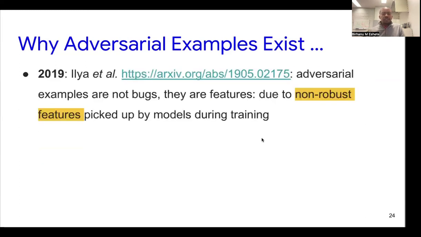In 2019, another theory came, and this one has to do with the fact that adversarial examples are not bugs, but features. This is because of the way classifiers pick up non-robust features that are very sensitive to adversarial perturbations, as opposed to robust features that stay stable regardless of adversarial perturbations.